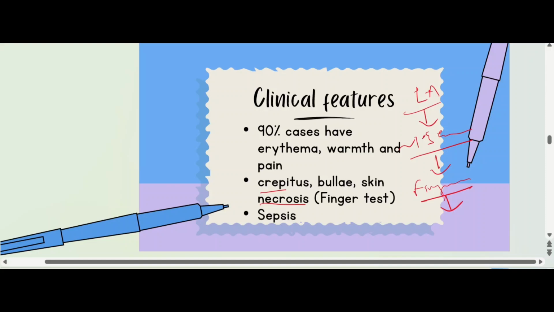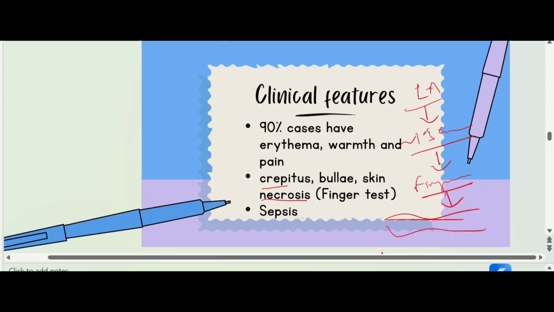And the deeper tissues, we probe down, suppose this is the necrotizing fasciitis area. So if we push down the affected part up to the deep fascia, and the deeper tissues dissect easily with minimal or lack of resistance, there will be no resistance if we push it down, then the finger test is called positive for necrotizing fasciitis.